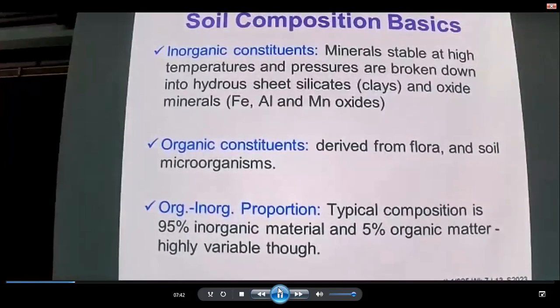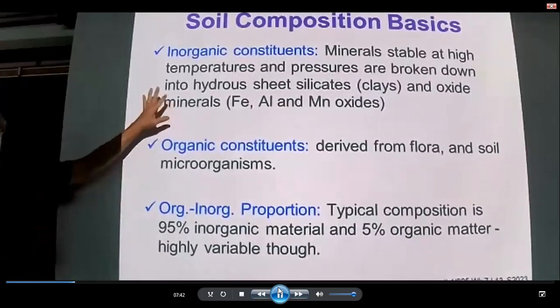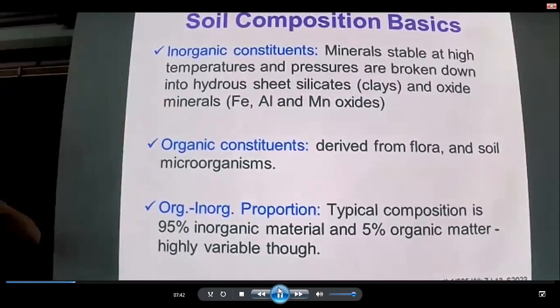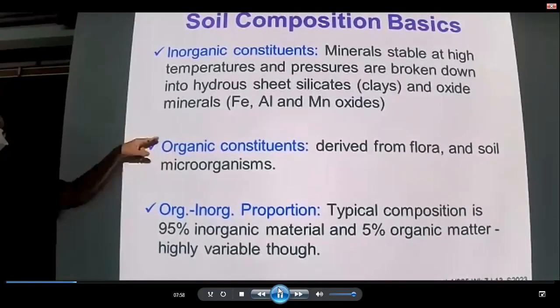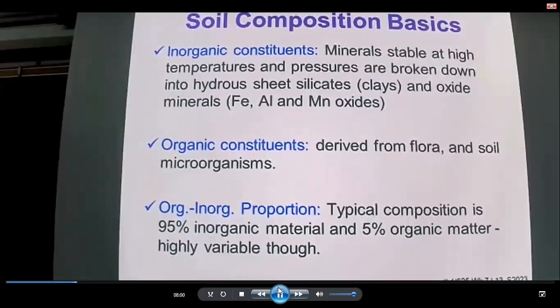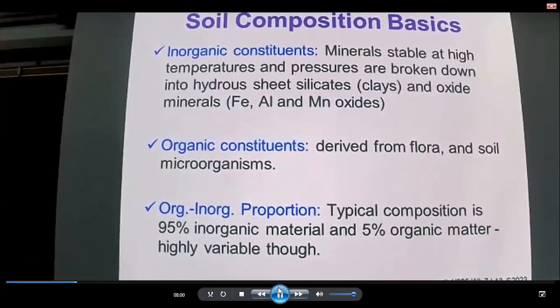So in terms of what our soil is made of, we can find two kinds of materials, primarily inorganic constituents. These are minerals. They come from the breakdown of rocks. And we can have various types: clays and oxide minerals and silicate minerals, and we'll talk about them on the next slide.